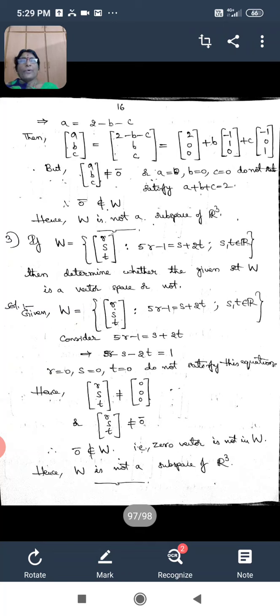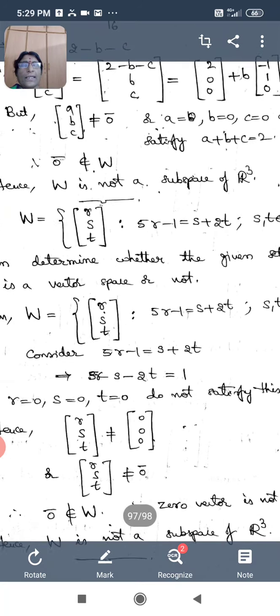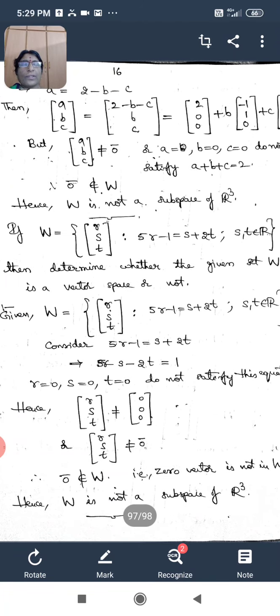as in the above problem, here also I can write either R or S or T as a linear combination, and we can write the column vector R, S, T as a linear combination of two or more vectors.